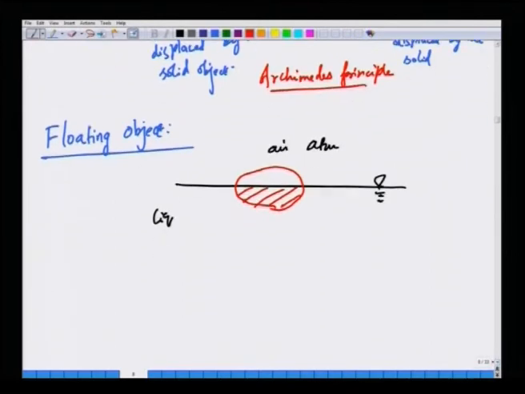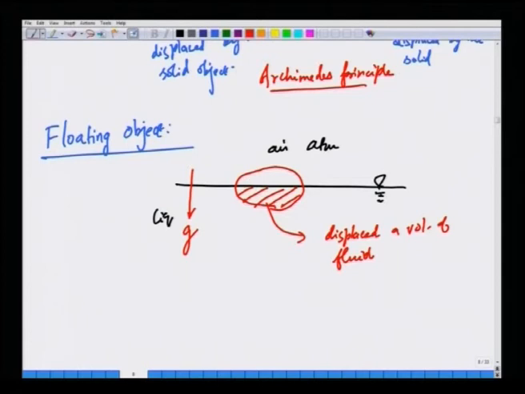So, this submerged portion has displaced a volume of fluid, and the buoyancy force arises from the weight of the displaced fluid. So, this is gravity.